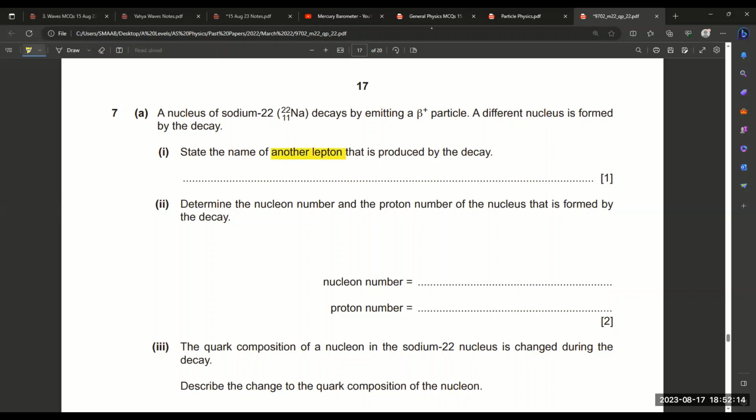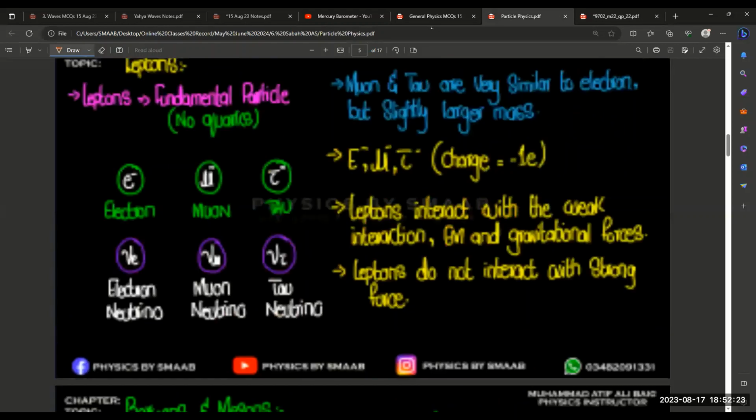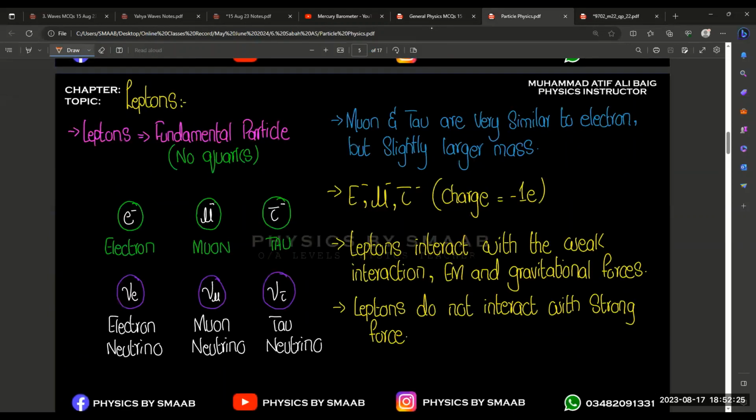So if we want to know the name of the lepton, we need to first know about the leptons, because we studied leptons today. So these are the leptons, right? So which lepton do you find in the beta positive and beta negative decay? That is the electron neutrino, right?